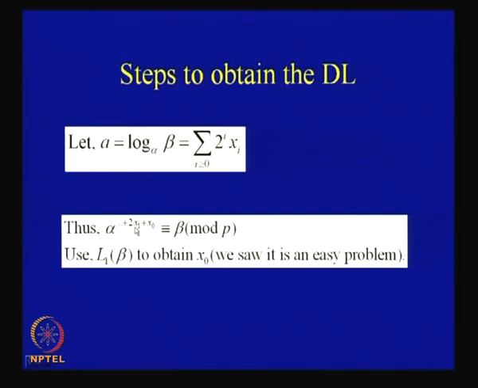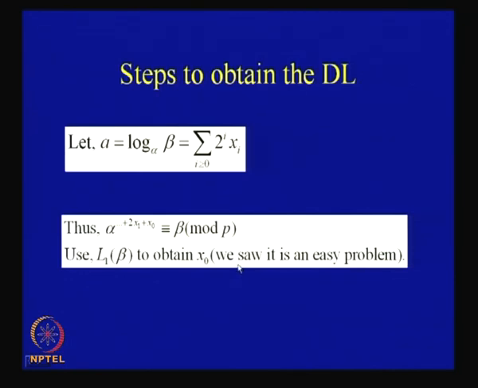So, if you obtain the value of beta, then beta is equal to alpha power of x0 plus 2 x1 plus so on, right. So, we can use L1 of beta, because we saw that it was an easy problem to obtain the value of x0. So, one can easily obtain the value of x0 by the previous technique that we have seen, right.